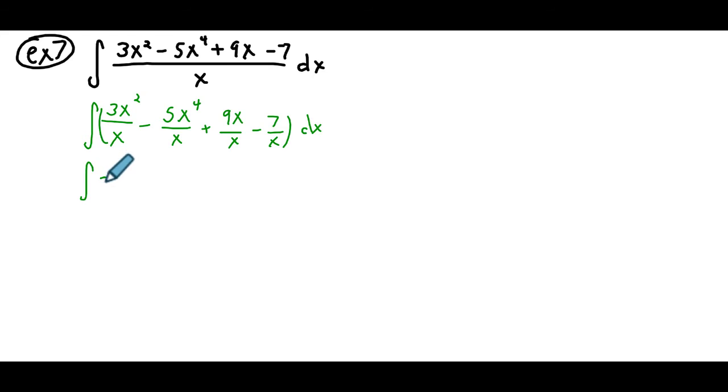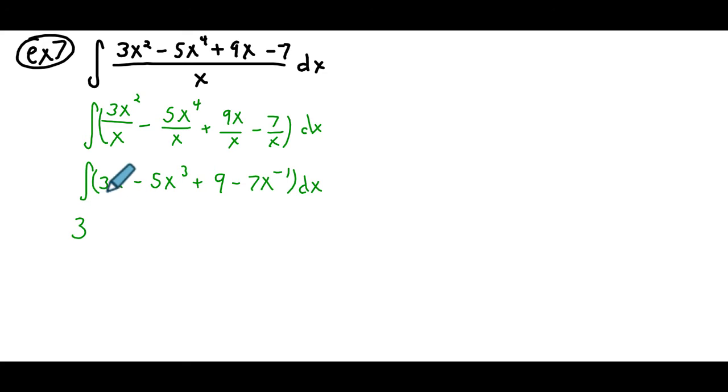So that becomes just 3x minus 5x cubed plus 9 minus 7x to the negative 1, so I can use my power rule. I want all these x's raised to some power. Now I'm ready to integrate this, and I'm going to integrate each term using my power rule.